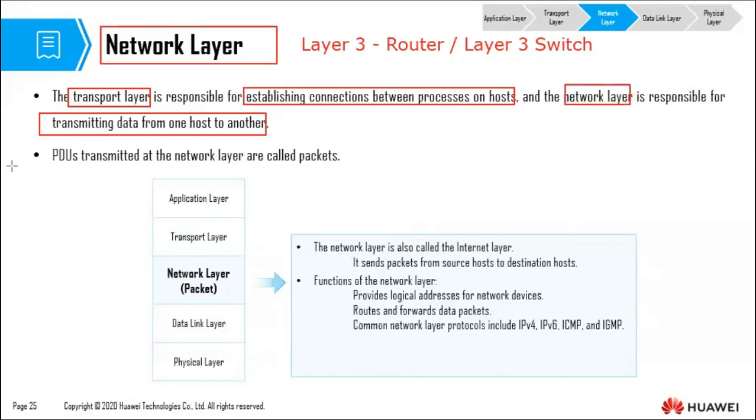Network layer: forward data from one host to another host. Are you getting the distinction between the transport layer and the network layer? The PDU at the network layer is called a packet.